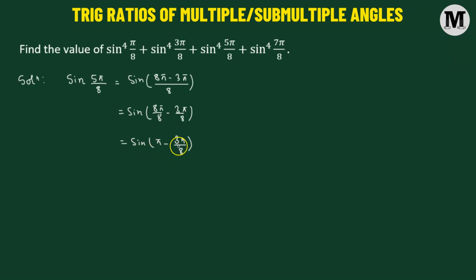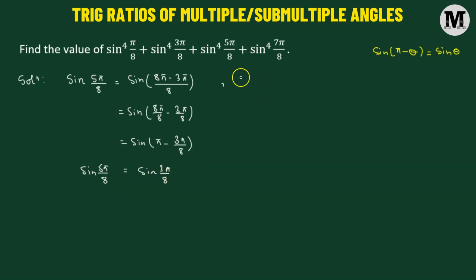Now sine of pi minus 3 pi over 8 is going to be sine 3 pi over 8. Here we are using the fact that sine of pi minus theta corresponds to positive sine theta. In other words, sine 5 pi over 8 is exactly the same as sine 3 pi over 8.